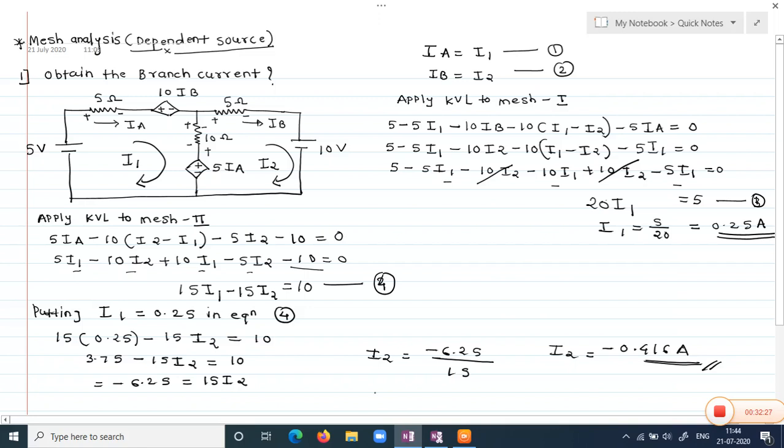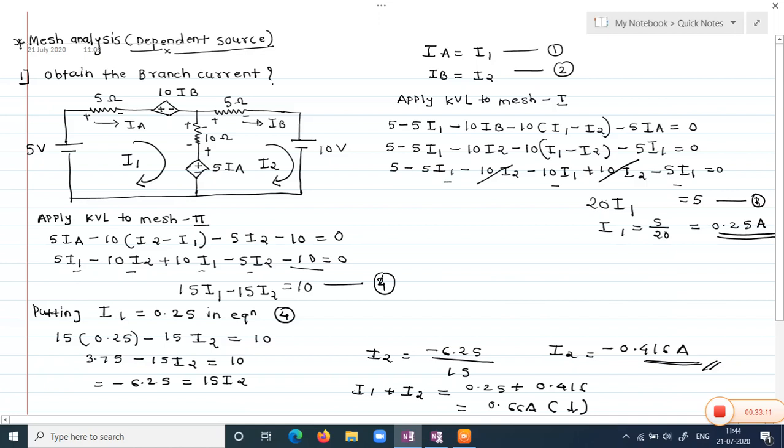Then you have to combine I1 and I2. I1 plus I2 is equal to 0.25 minus 0.416. If you consider minus 0.16, that is anti-clockwise. If you consider clockwise, you will get the plus sign here, means 0.16. That means total current I1 plus I2 is in downward direction, 0.16 ampere in downward direction.